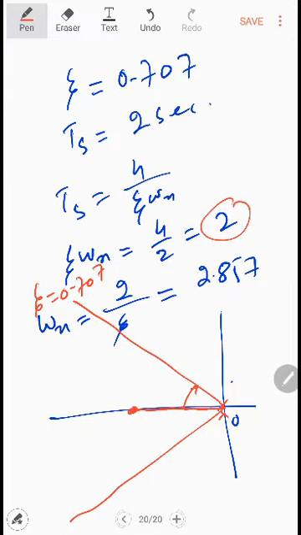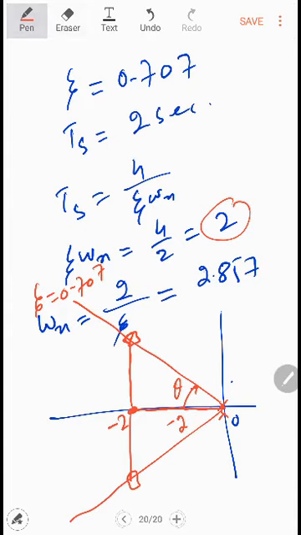If we use the proper relationship, this point is at minus 2, and the angle will be equal to 45 degrees because zeta is equal to 0.707. So we easily find this is equal to 45 degrees.